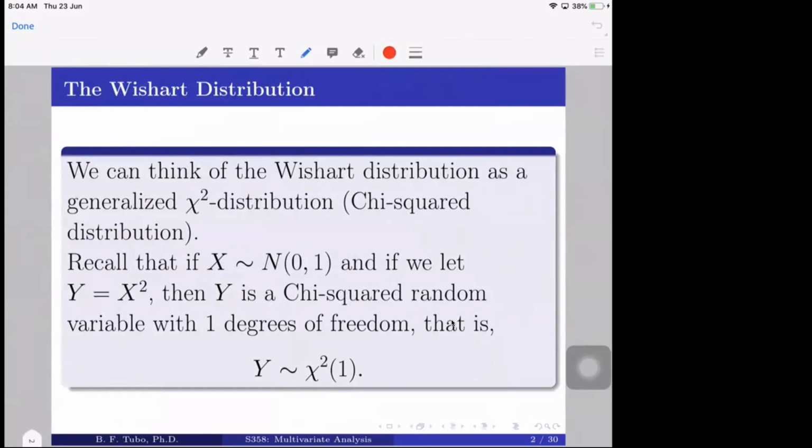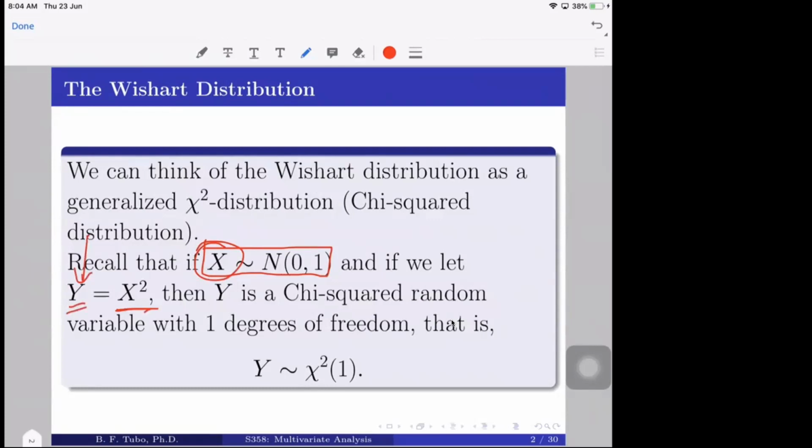You start with a random variable which is normally distributed, standard normal with mean 0 and variance 1. And if we transform this x into a quadratic form, that is x squared, we call that a new random variable y.